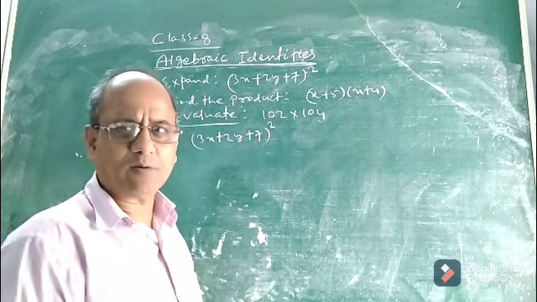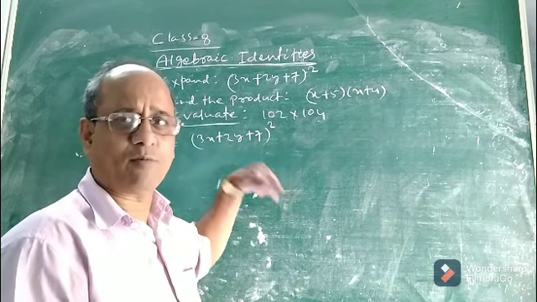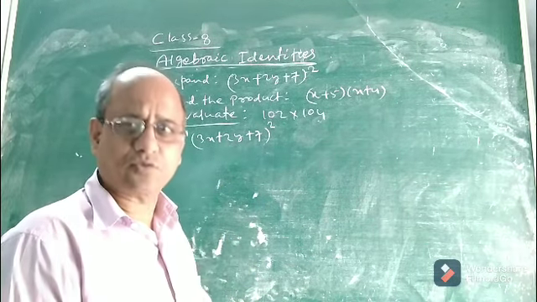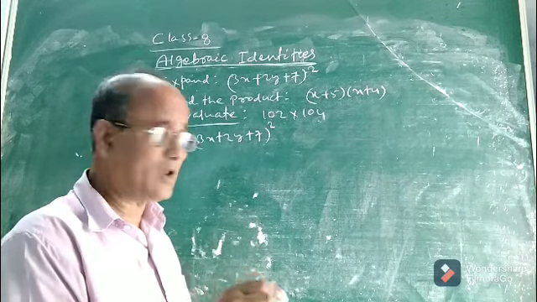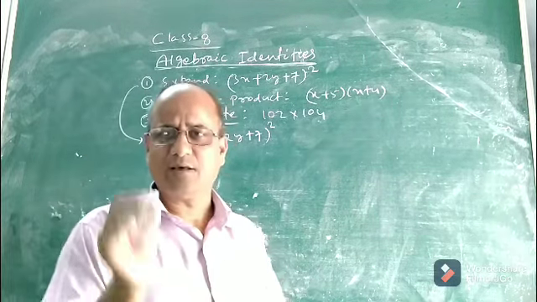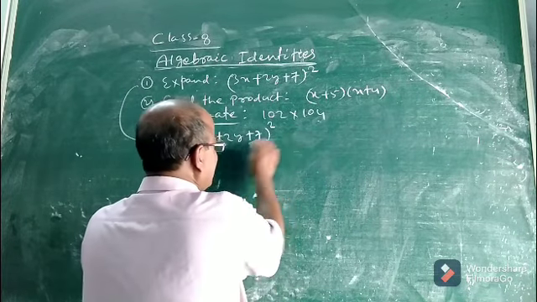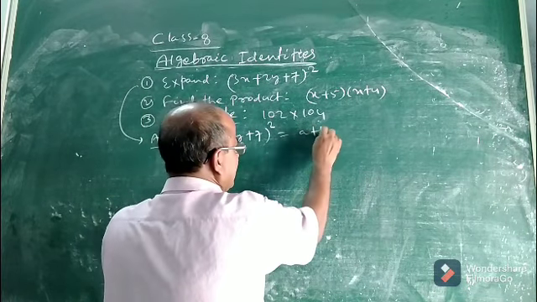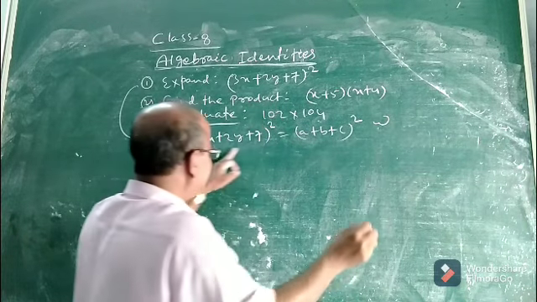And you know the formula. After you came to know that it is in the form of (a plus b plus c) whole square, then you have to recall the formula. What is the formula? The formula is a square plus b square.